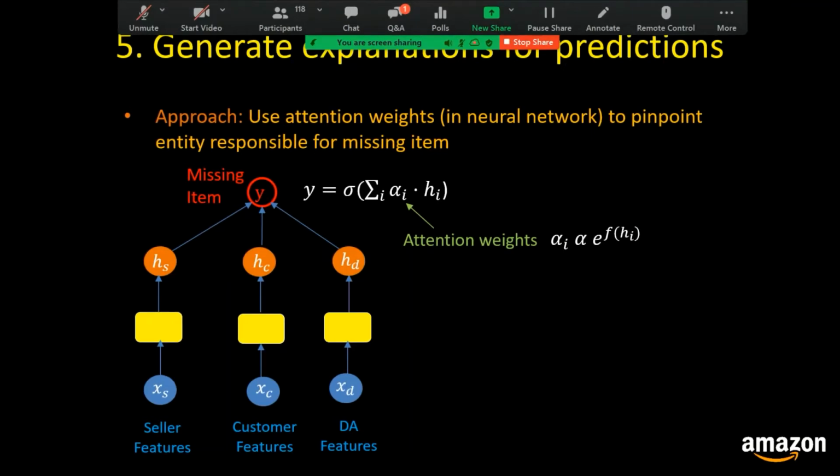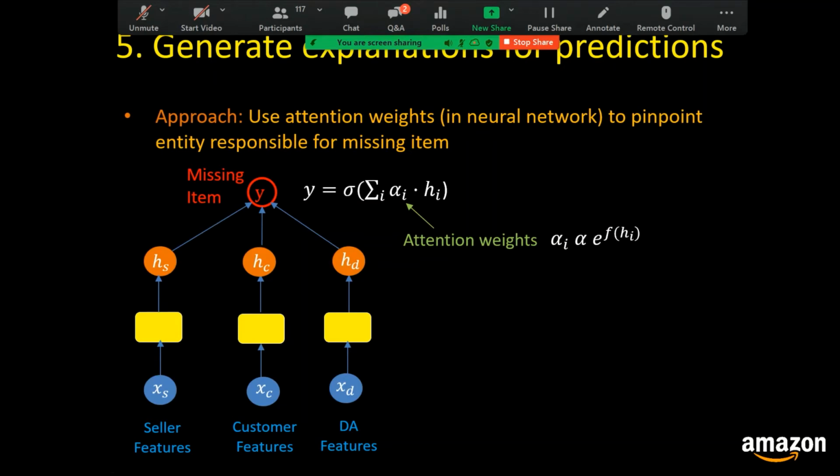Attention weights alpha i are computed for each entity by applying a transformation function f to the hidden state for the entity, as shown in the equation here. And then the final probability of the item going missing, which is y, for the order is obtained by applying the sigmoid function to the sum of the hidden states weighted by the attention weights.